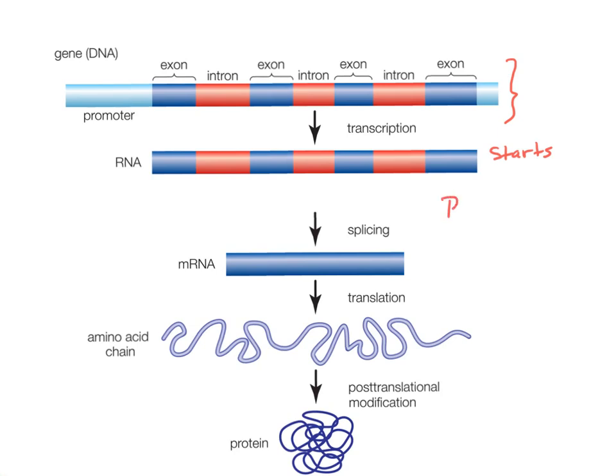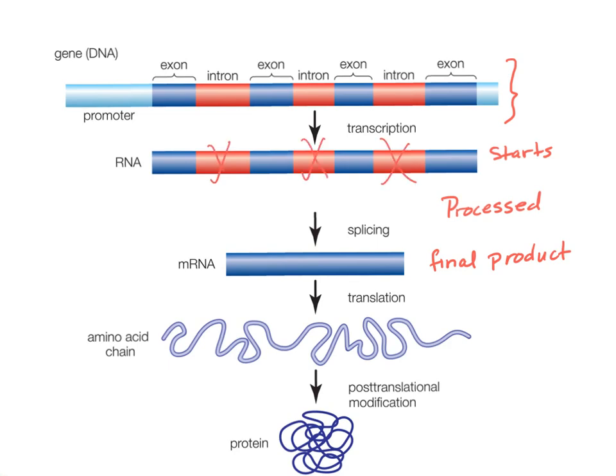And then RNA gets processed. And processing has a number of different steps, but suffice it to say that the RNA final product, the transcript that actually gets translated, is much smaller, and it does not contain these intronic sequences.